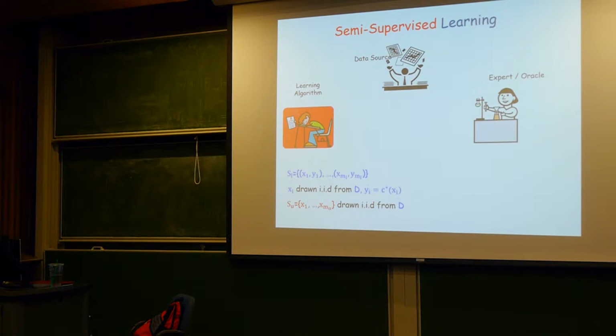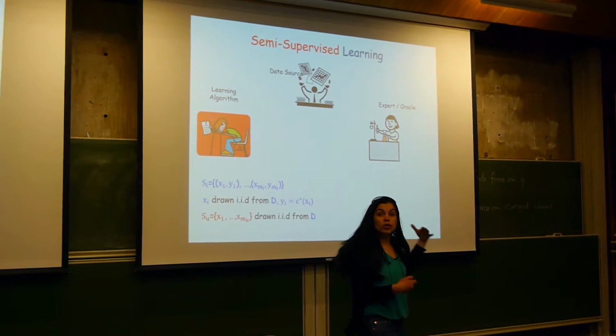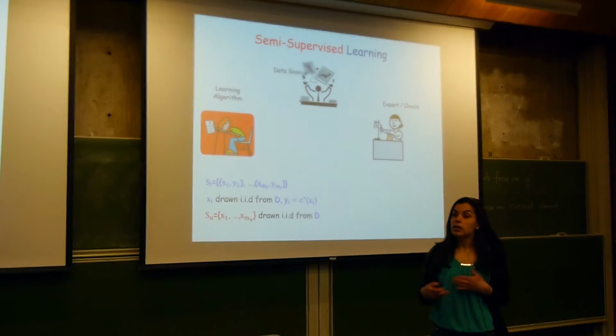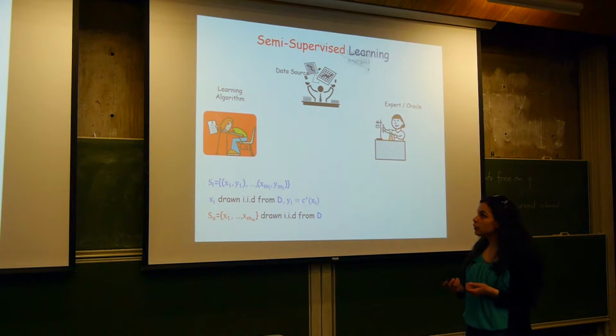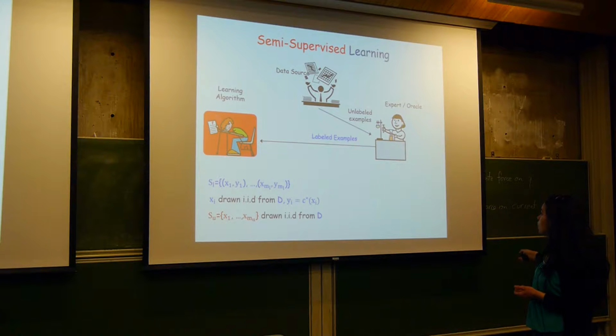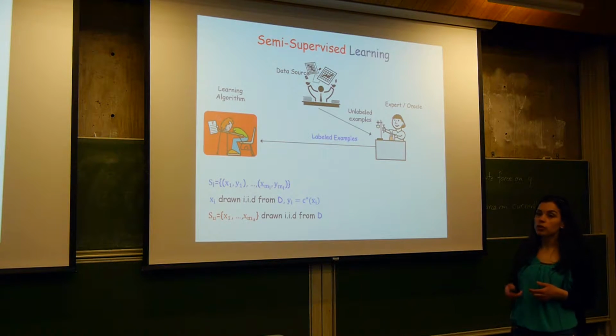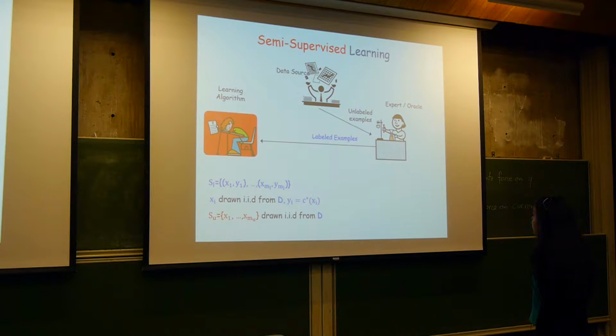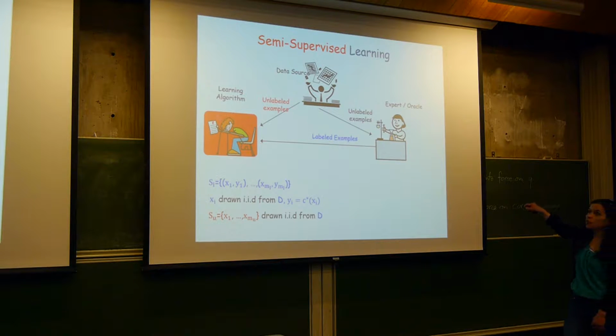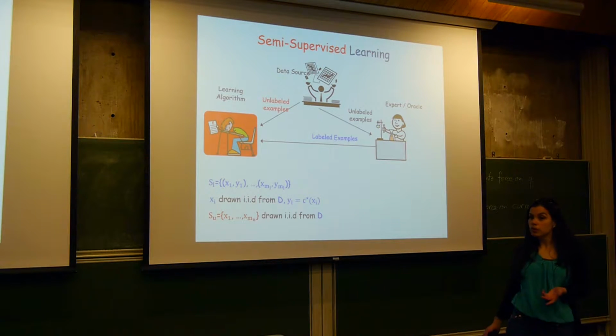Just a quick reminder of semi-supervised learning: in this case, as typical, we have some source of data. We have a distribution over the underlying data. And we assume that in the training phase, in addition to a small set of labeled examples, which are drawn IID from this underlying source and labeled according to a fixed but unknown target function, the algorithm also gets to see a large amount of unlabeled examples coming from the same source.